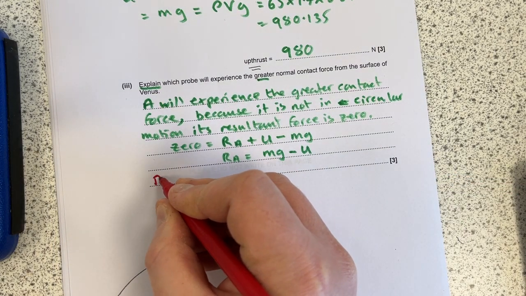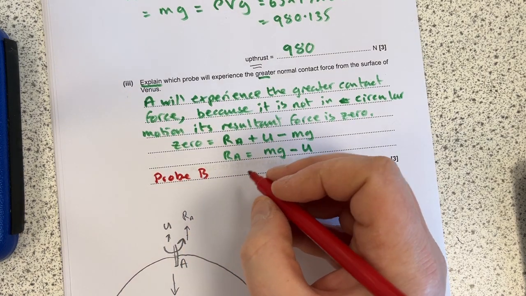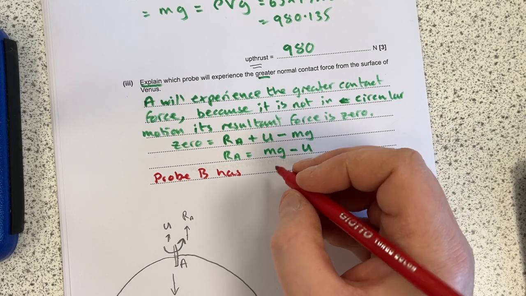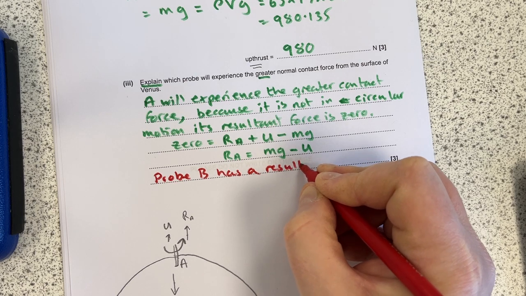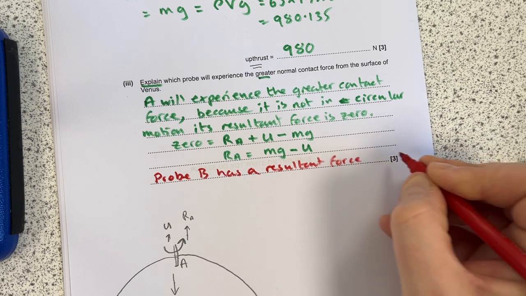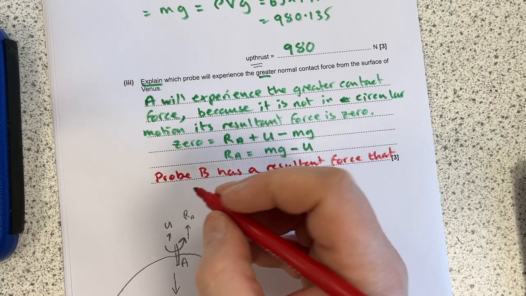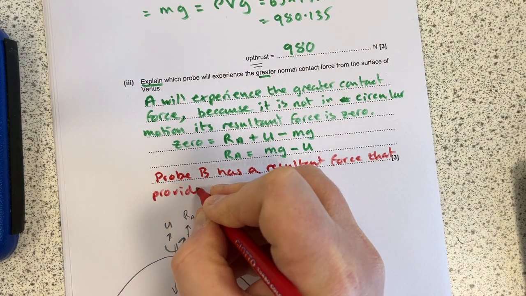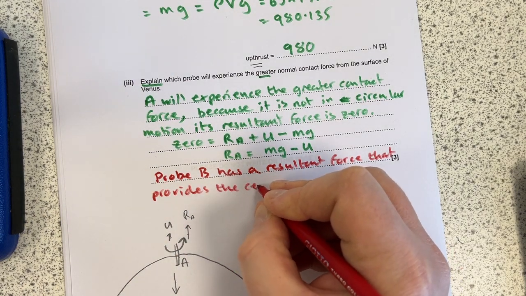Okay. Just to create some contrast, I'll change over to red pen for probe B, which I'll start writing about now. Probe B, the resultant force isn't 0 for probe B, so it has a resultant force that provides the centripetal force.